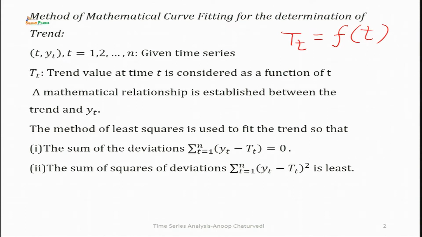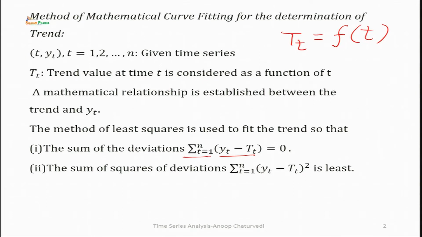Now, in the method of least squares, what we do? We fit the trend so that the sum of deviations is 0, means the deviation of y t from the trend component is given by y t minus T t. And if you take the summation of all these deviations, then this sum is 0.